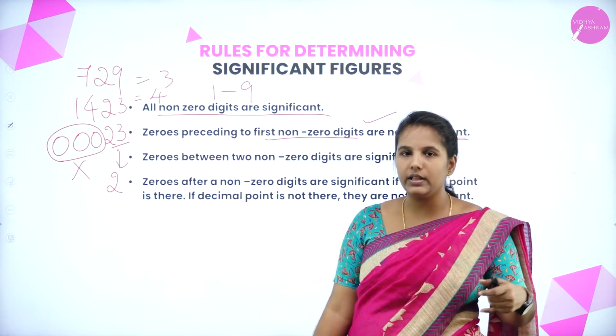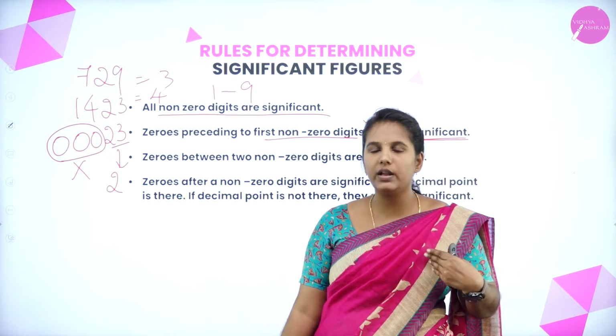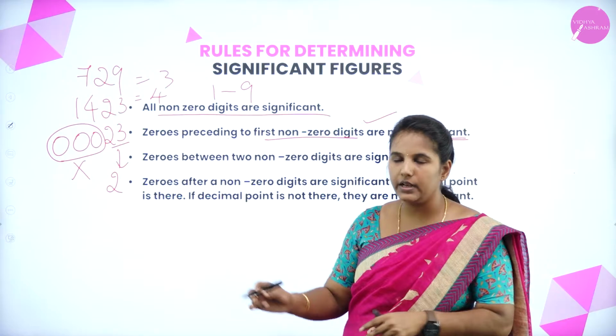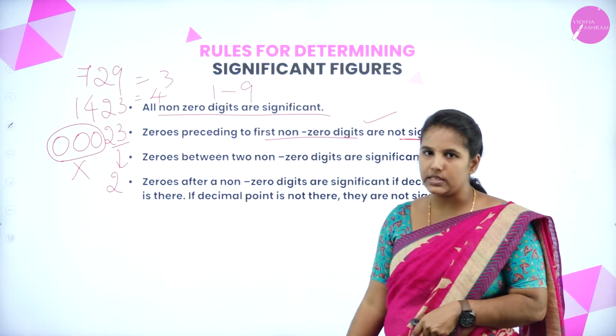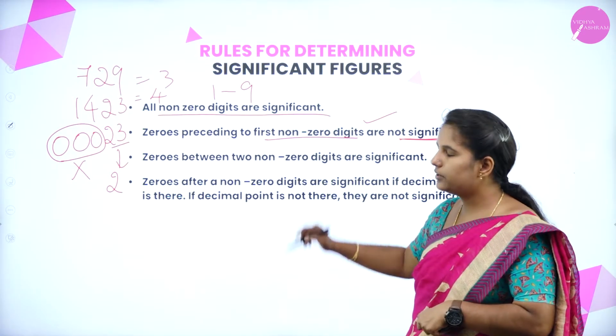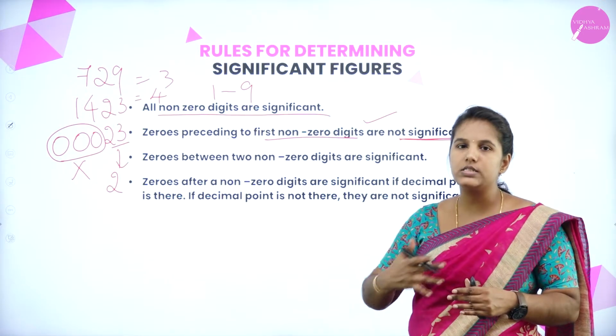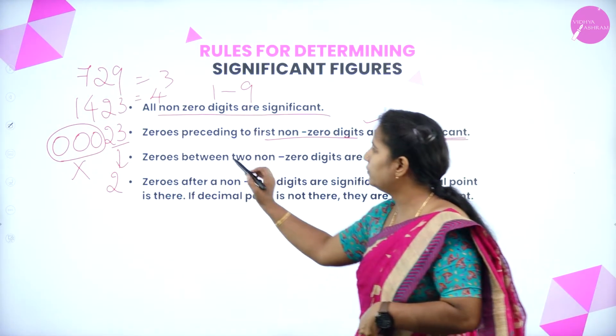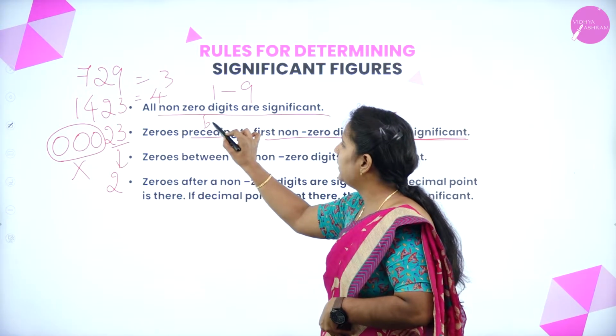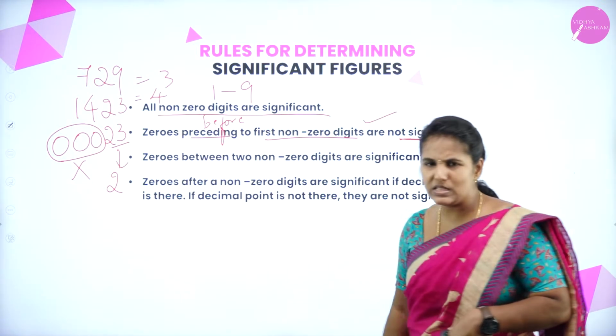We are counting the number of significant figures present in the second case. Remember, the second rule says that 0 before the non-zero digits. Preceding means before.